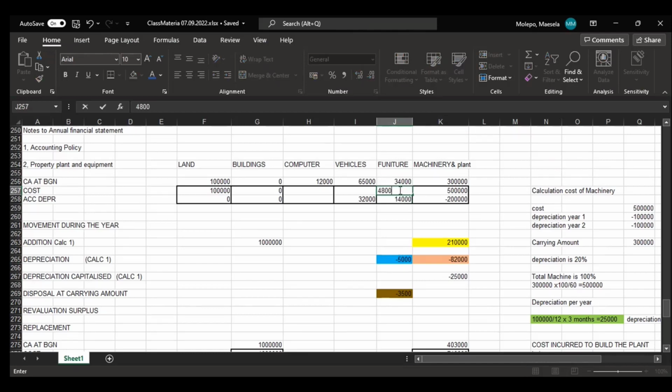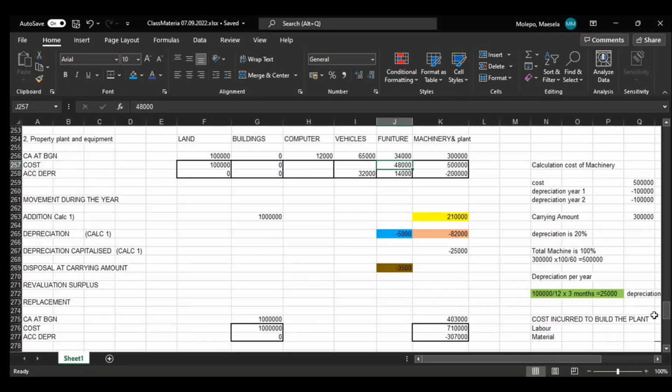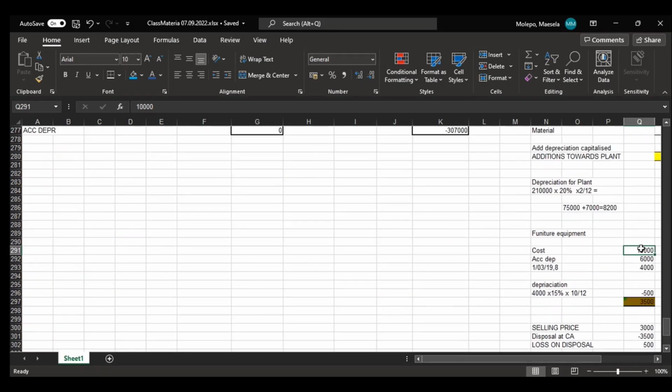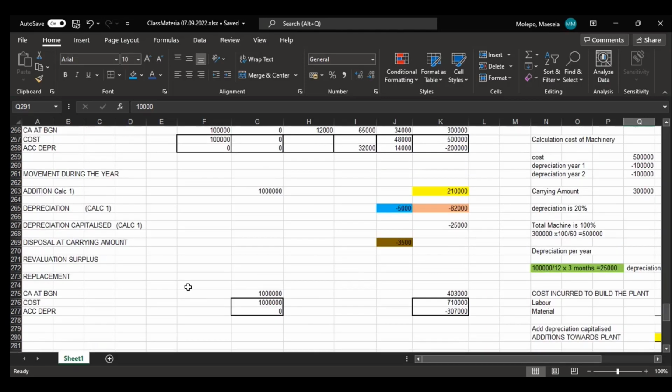So you know this plus this will be 48, ne? It was not given to us. But now we say the carrying amount at the end will be our 48. Then in terms of cost, you say 48 minus the 10,000, the one you sold here. Then you remain with 38 at the end.